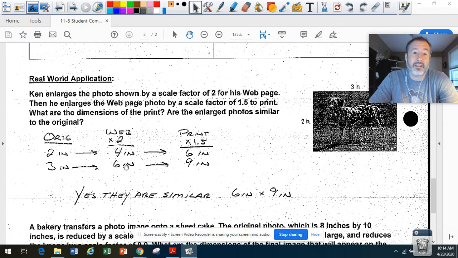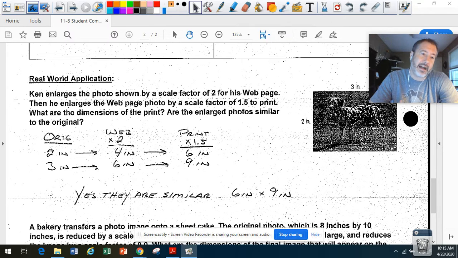Okay. Now he's going to print that from the web page. So now he is going to take it from the web page and enlarge it by 1.5 times. Take the 4, multiply it by 1.5, which will give you 6 inches. Take your 6 inches, multiply it by 1.5, and that will give you 9 inches. Now, are they similar?